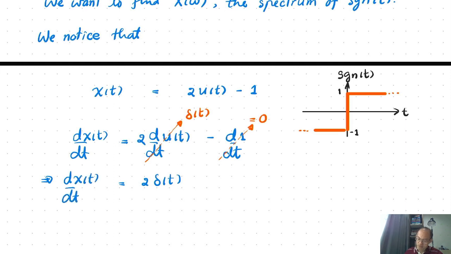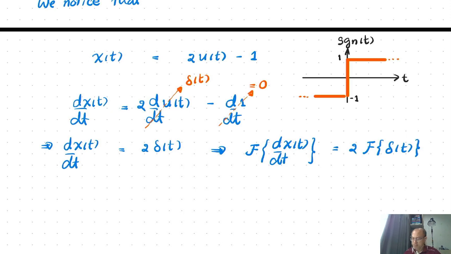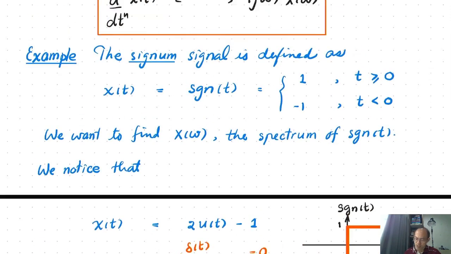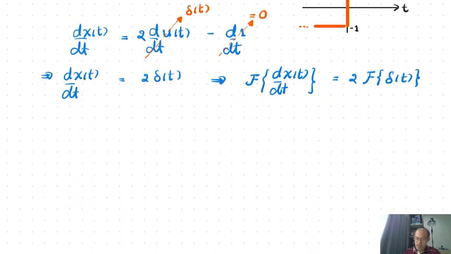And then we take the Fourier transform of both sides. This means that the Fourier transform of dx/dt is just twice the Fourier transform of delta(t). Now, the Fourier transform of dx/dt, using the time differentiation property, is j omega X(omega), that is j omega times the spectrum of x.